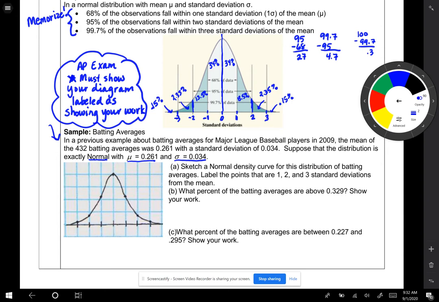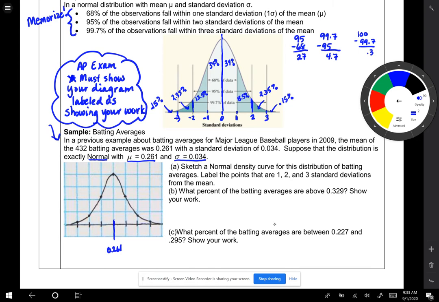So the first thing we want to do is label the mean. I'm going to go ahead and label it down here so I'm not in the way of the graph. So that would be 0.261. And then the standard deviation is 0.034.